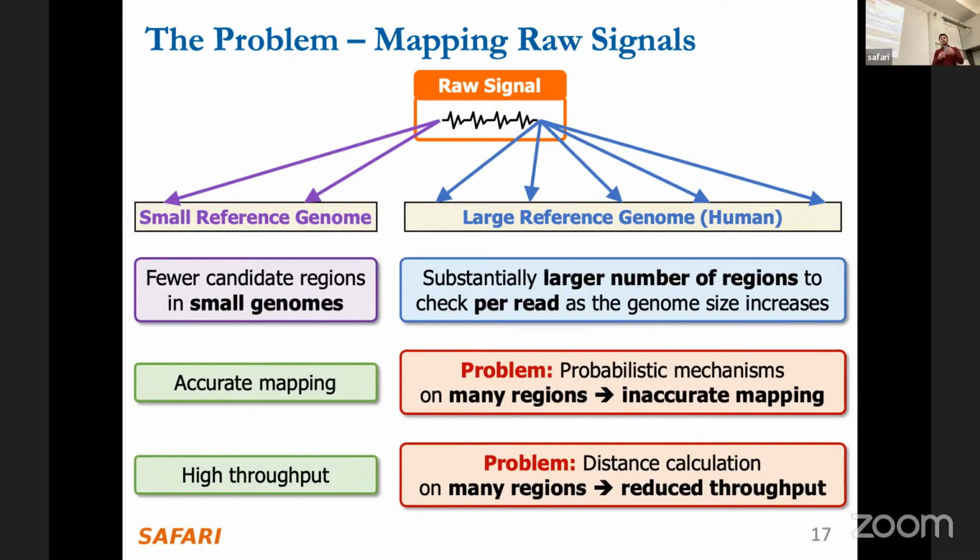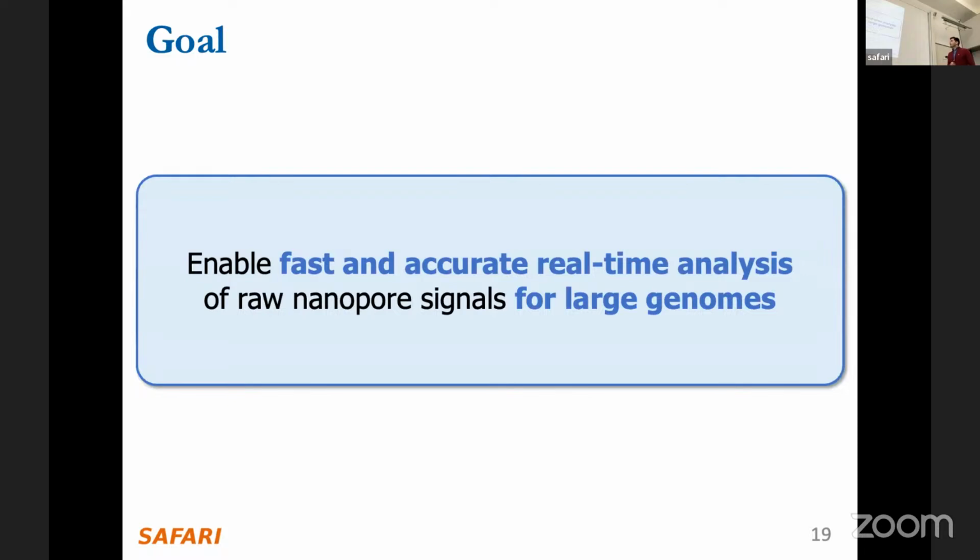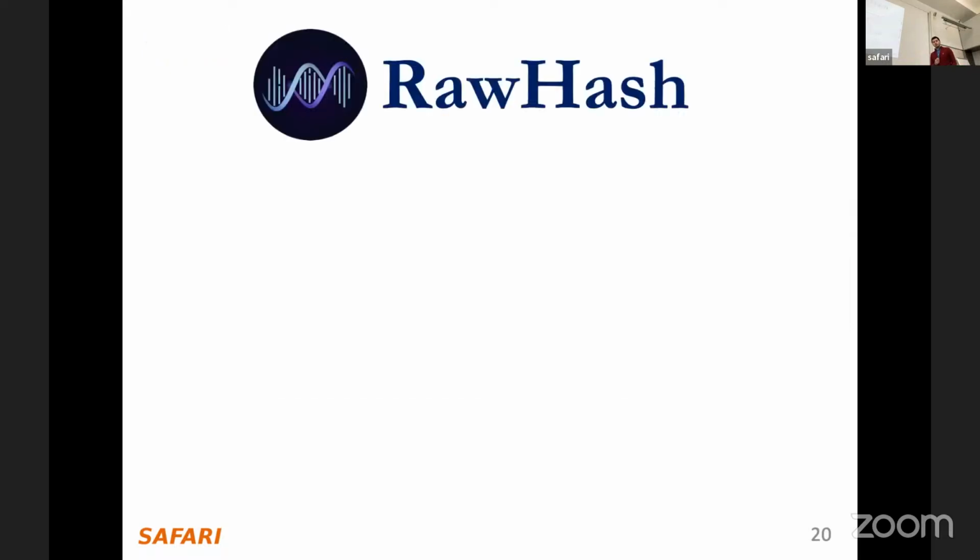Or if you are performing some costly operations per read, per region to check in the reference genome, and the number of regions increases per read, then you're doing a lot of costly operations. If you're already doing costly operations per read, for example distance calculation, then your throughput is reduced as the genome size increases. And this may also lead to performance problems. What we find is that existing solutions are either inaccurate or slow for large genomes. The goal in RawHash is to enable fast and accurate real-time analysis of raw nanopore signals for large genomes.